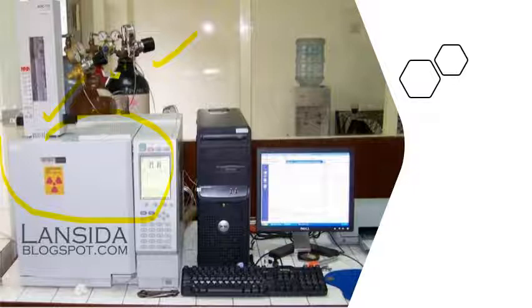And when all this detection takes place, outside you are able to see the recording unit, that is the computer monitor, which goes on recording. So all the components are attached in the gas chromatograph.